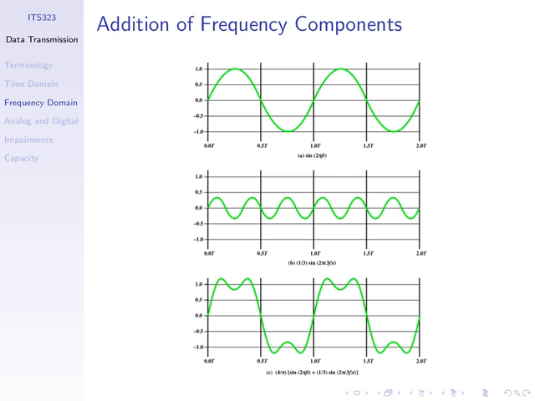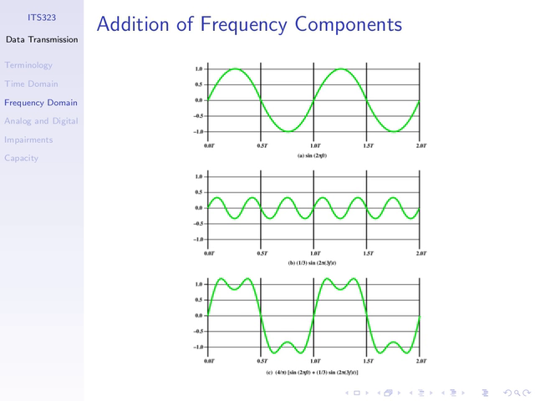Well, our signal has 2 components. First component has a frequency of 100 Hertz. So we're going to have something at 100 Hertz. And the second component has a frequency of 300 Hertz. What we do for each component is plot an impulse with a height equal to the peak amplitude of that component.